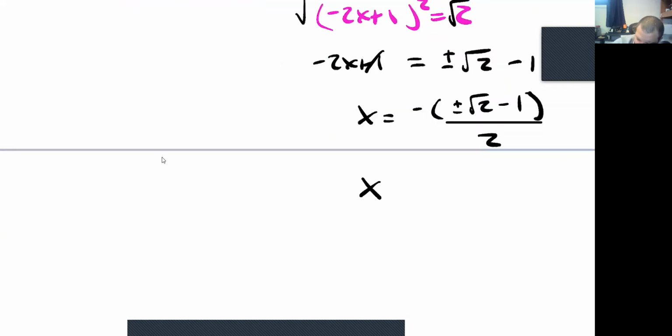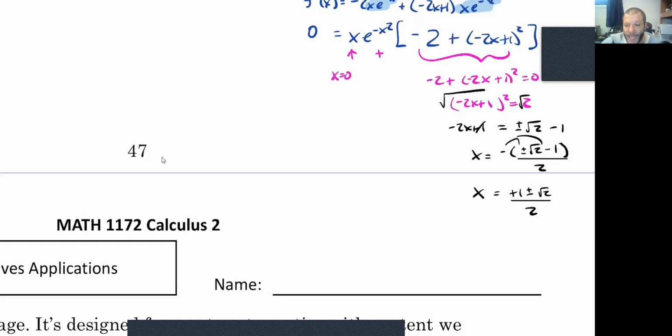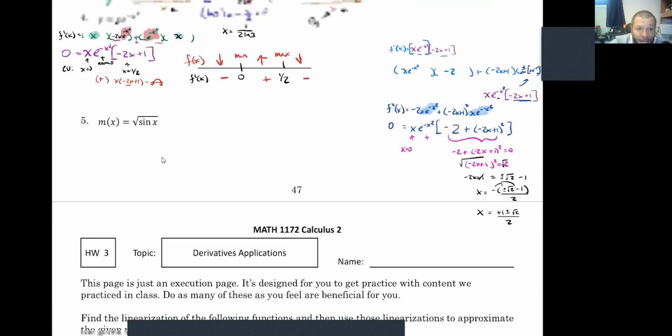If I distribute this negative in, I would get x equals minus or plus radical 2 plus 1, which I'm just going to rewrite this way. Like that. 1 minus or plus radical 2, which is going to be the same thing as plus or minus. It doesn't matter. It's a conjugate, and then divided by 2. Okay, so those are our values, and now lot going on.